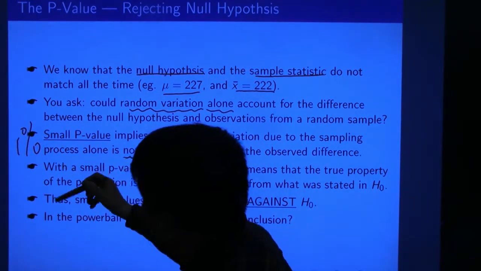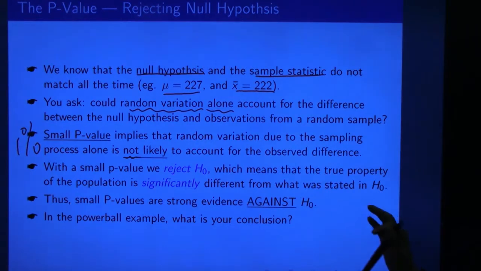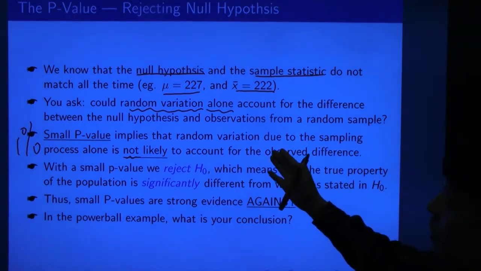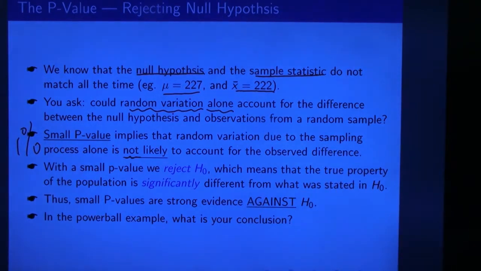So we see small p-values are important. We cannot explain the difference between the null hypothesis and the random sample statistic with only random variation. There must be something else.